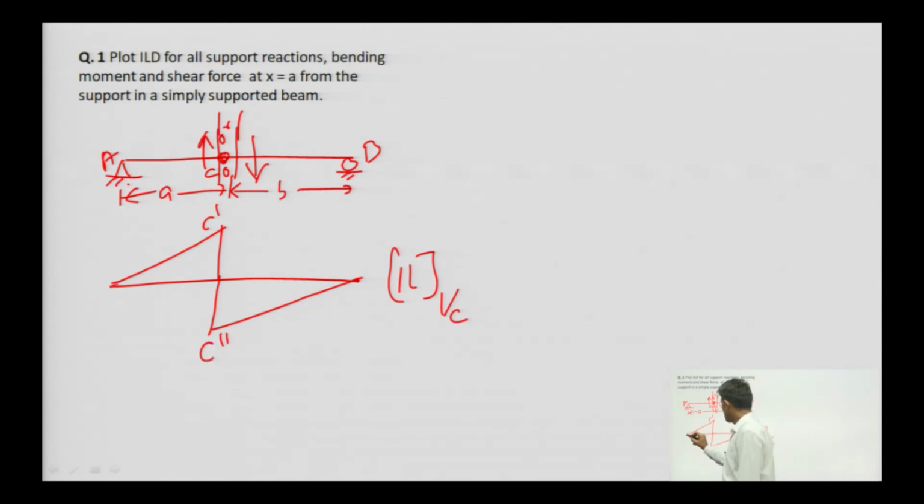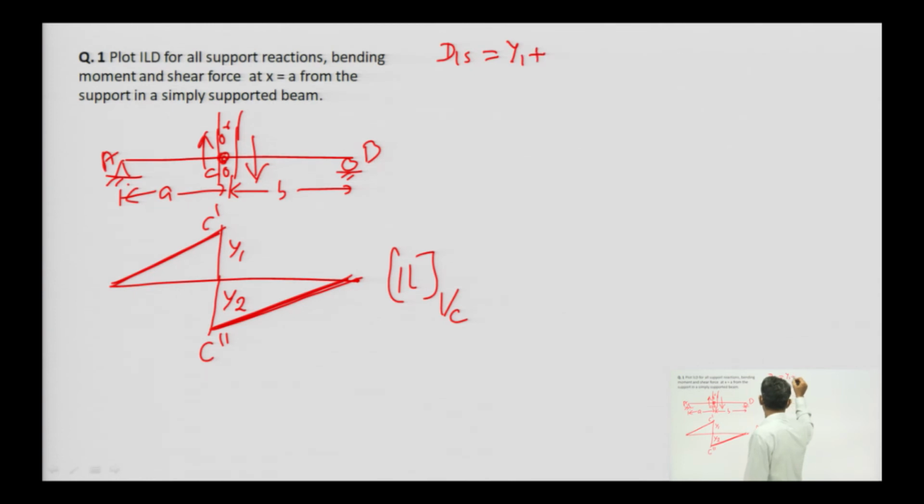Okay. Suppose this is y 1, this is suppose y 2, then what displacement have we given? Displacement is equal to y 1 plus y 2, and according to the Mueller-Breslau principle, it should be 1.